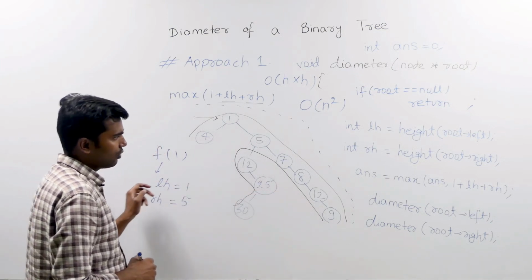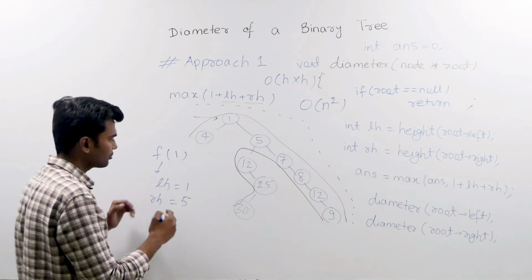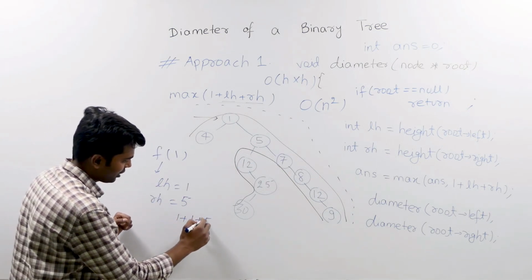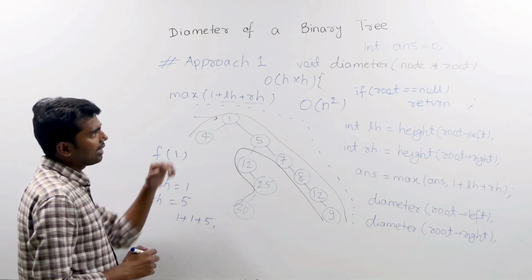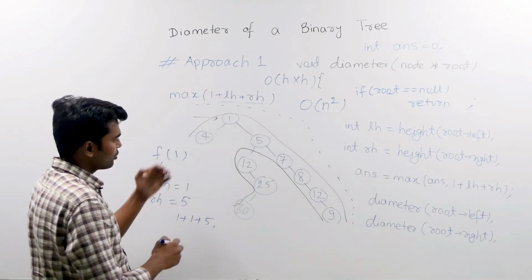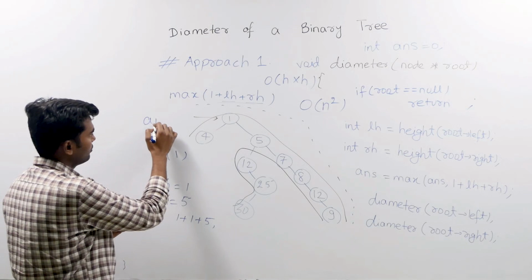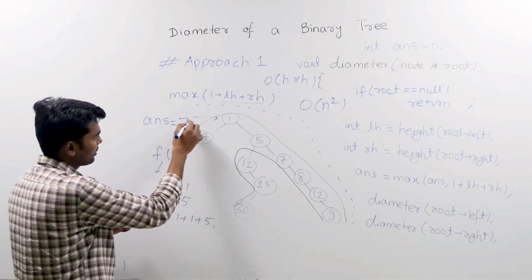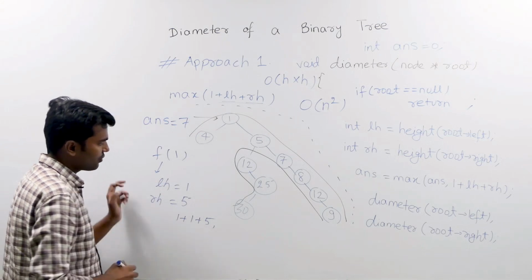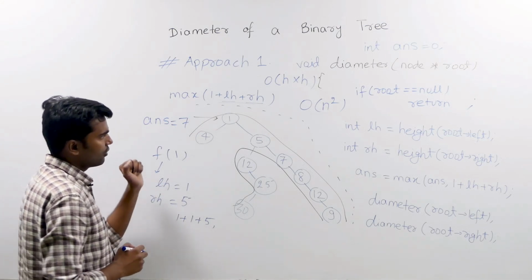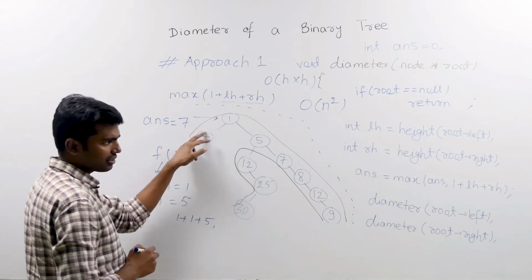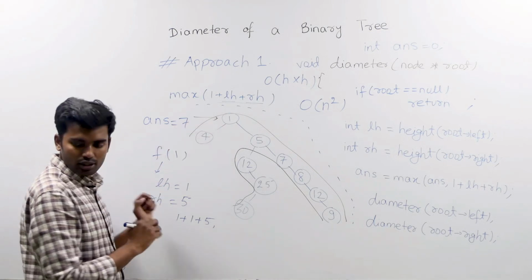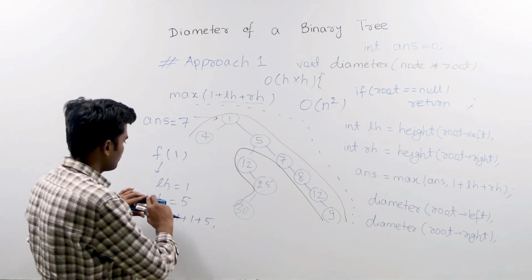So the value of this expression would be 1 plus 5, which is 7, and the current value of answer is 0, so the answer would be updated to 7. After that we will call this function on the left side, for the left subtree.